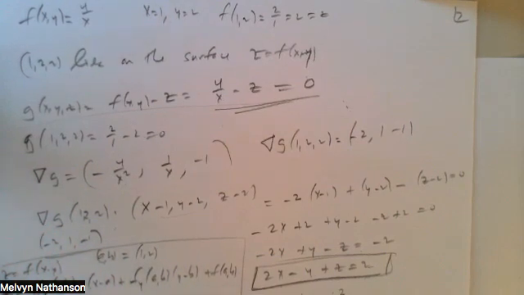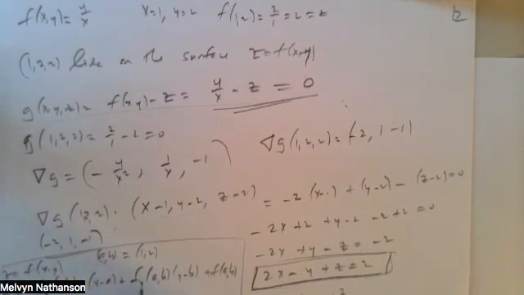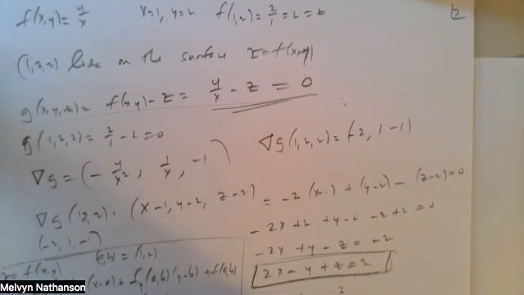So the partial of f with respect to x is minus y over x squared. So z is equal to minus y over x squared times (x minus 1). Partial of f with respect to y is 1 over x, times (y minus 2), plus the value of the function.